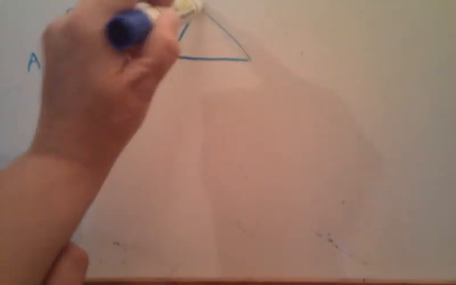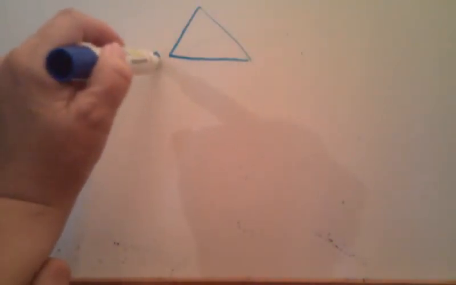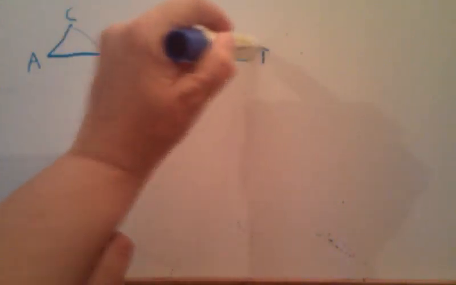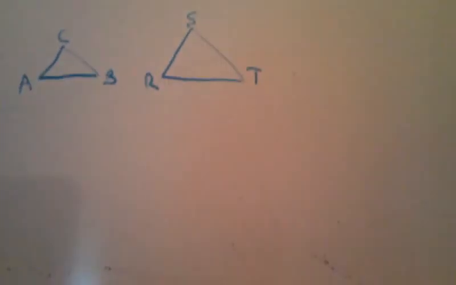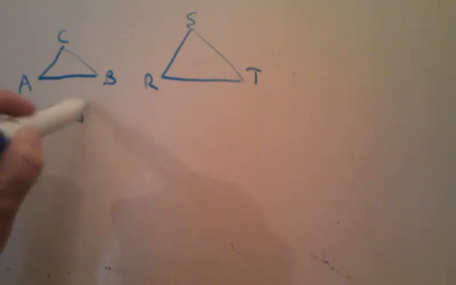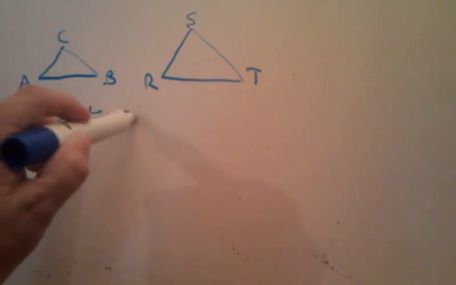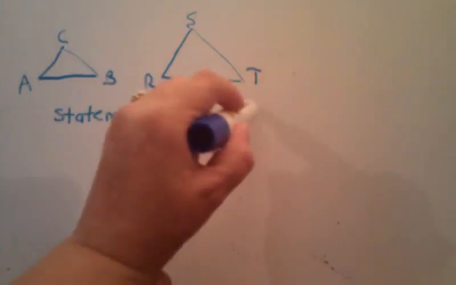I have A, B, C. And over here I have R, S, T. I'm going to make my own proof chart. I know that my chart has to say statement over here, and on this side has to be the reason.